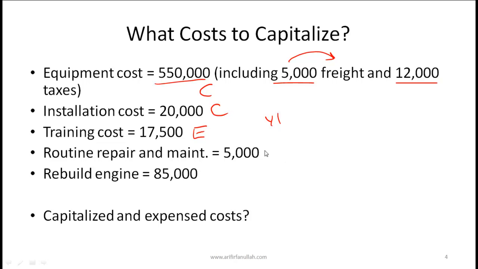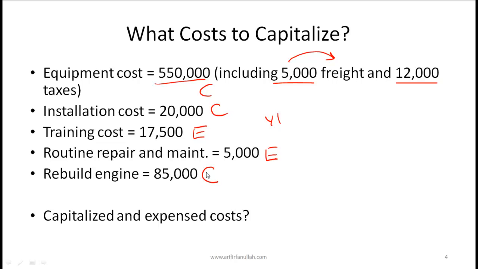Routine repair and maintenance is expensed. And this is somewhat subjective, but if you rebuild the engine and this expenditure is obviously going to have a future benefit, you capitalize this amount.